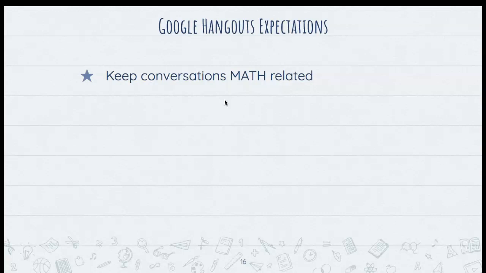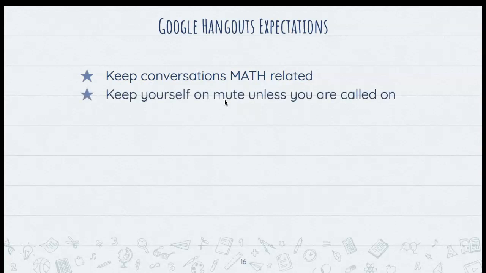Yes, we will be able to have some chatting and catching up to do, but we need to keep those towards the beginning and the ends of our Hangouts. So when I say it's time to get to work and time to answer questions, you need to follow those expectations. When I mute you, keep yourself on mute unless you are called on.